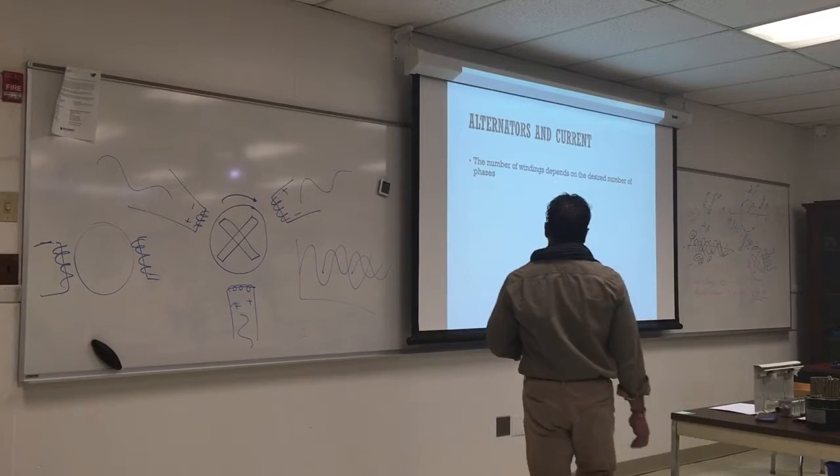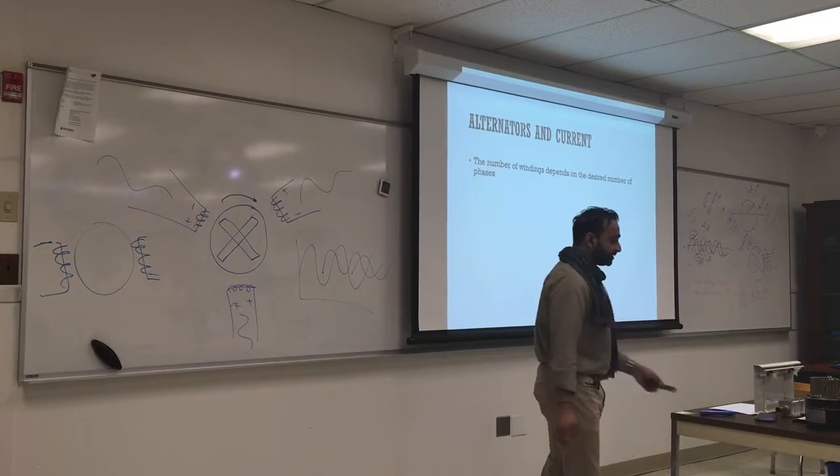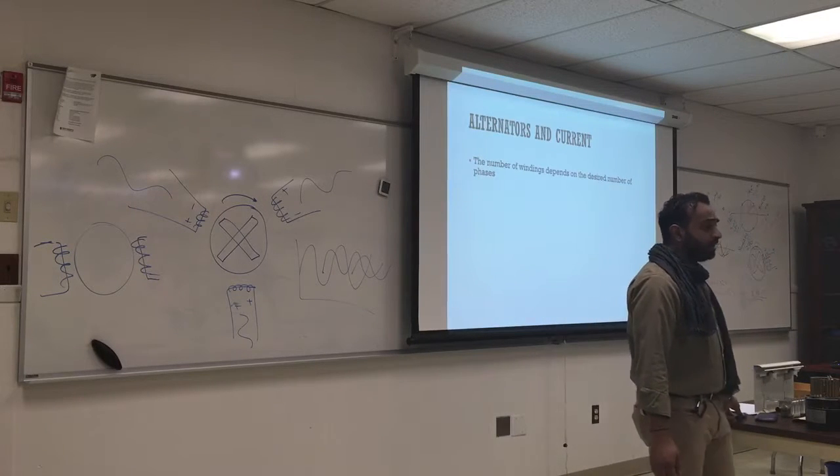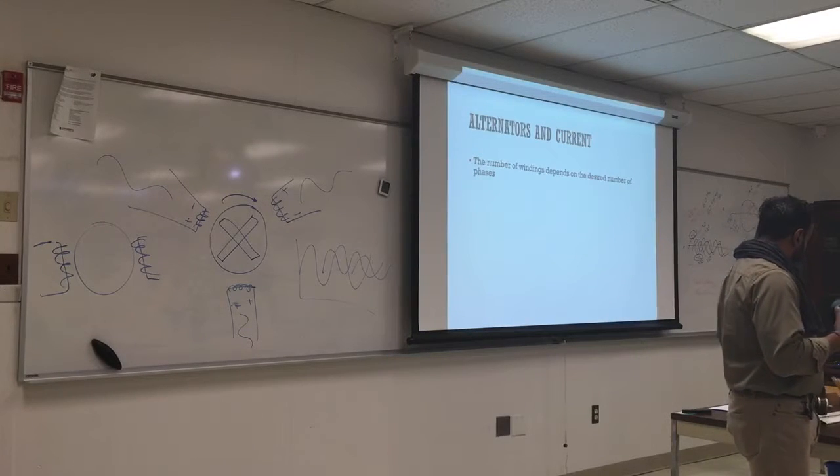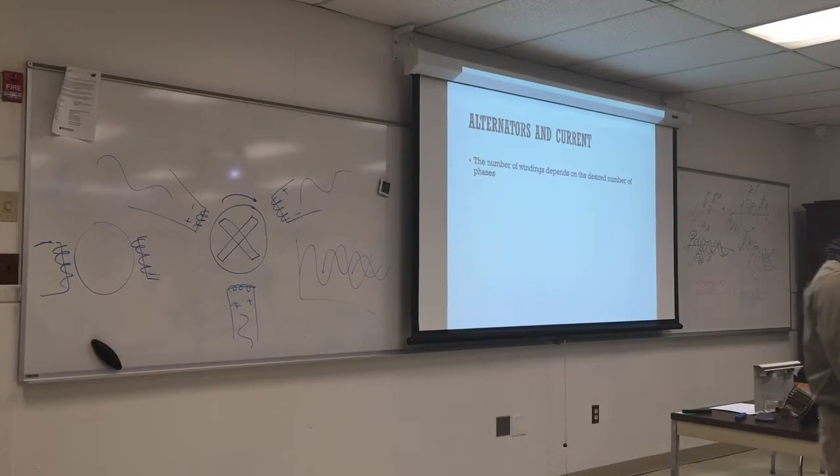In an alternator and current, the number of windings depends on the desired number of phases. So let's talk about that a little bit. This is the winding. If you look at this winding, you'll see there's a metallic part between each two that are completely opposite to each other. There's one in front of the other, and each one is a different winding, in different strands, and these are forming a magnet.